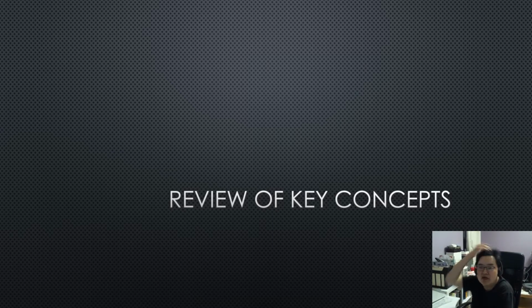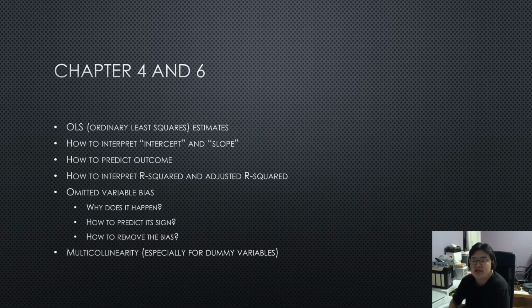By going through the major concepts, maybe you can realize the big picture of what we have done, and the outline and the main theme going through the different chapters. Okay, so let's think about chapter 4 and chapter 6.